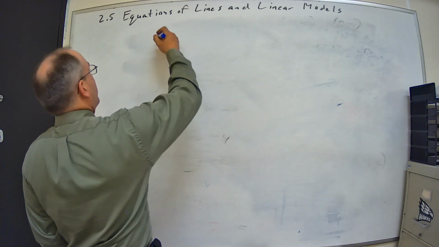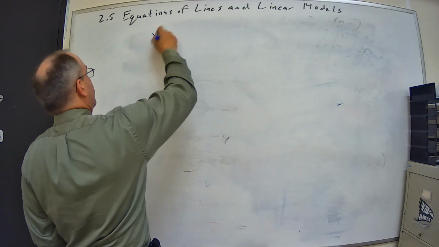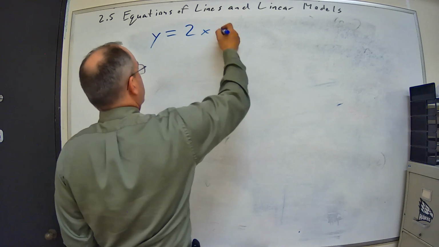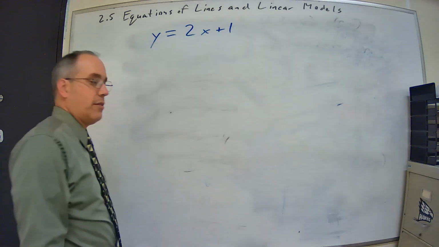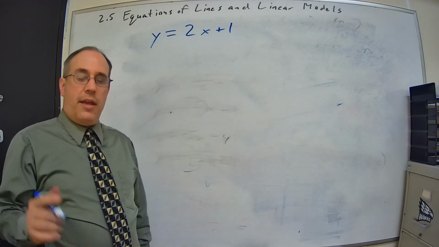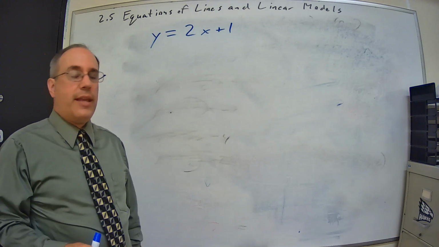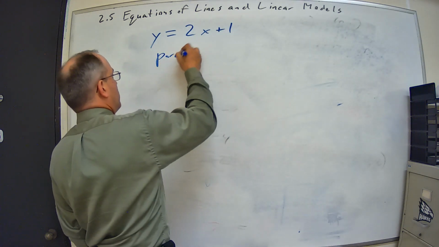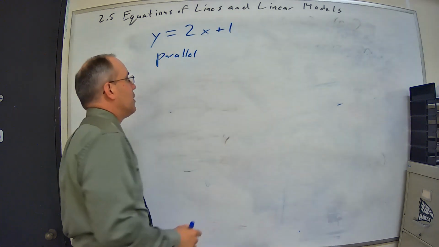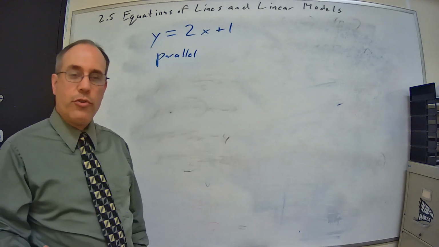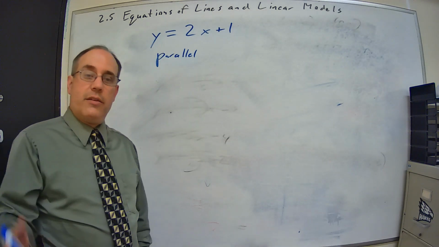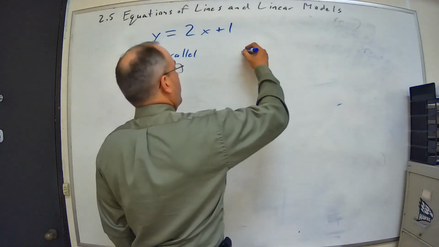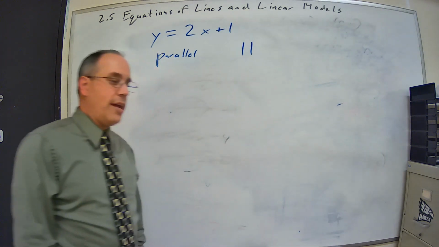If I have the equation y equal to 2x plus 1, and I want to make a line that is parallel to this, and for those of you who are unaware, in graphing and such, parallel can be denoted by two vertical lines side by side.